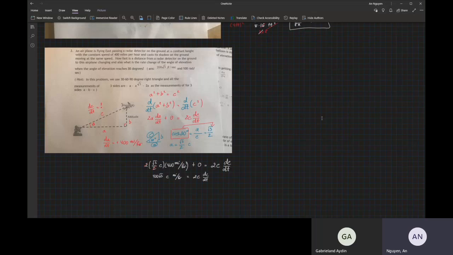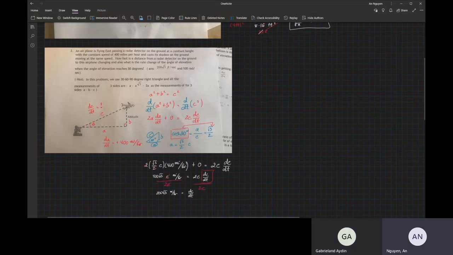Remember that we are looking for dc over dt, so I'm going to divide by 2C. You can see that C and C cancel out. And then 400 root 3 over 2 is 200 root 3 miles per hour, equal to dc over dt.